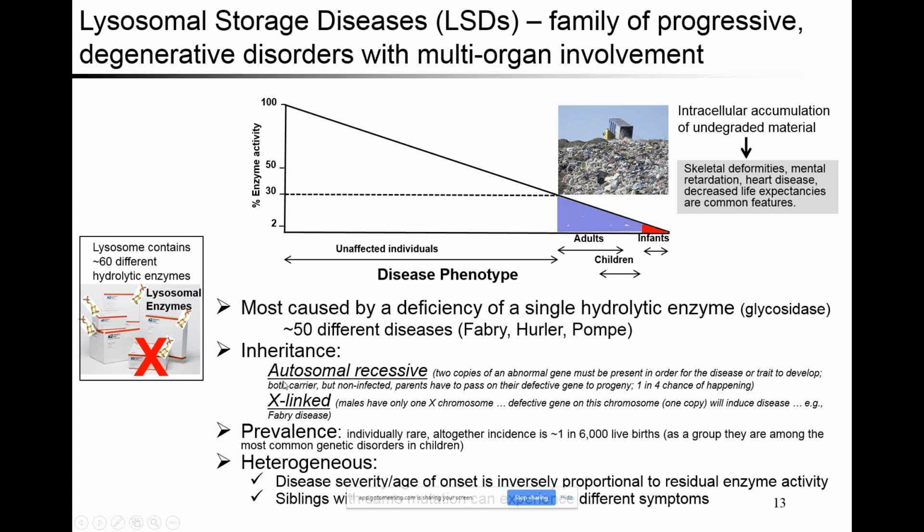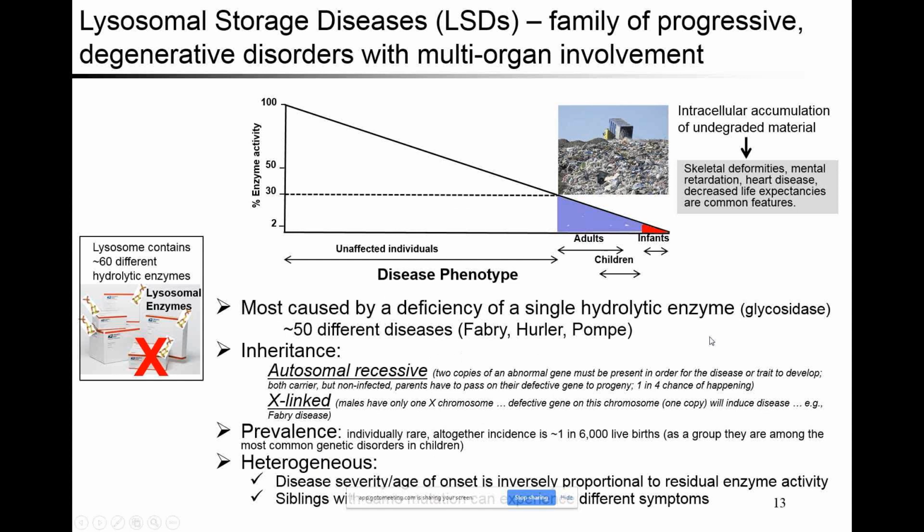These diseases are inherited most often by an autosomal recessive type of phenotype. That means both alleles have to have the mutation, and there are a few that are X-linked. So again, the mutation is just on the X chromosome, and males are much more severely affected. Again, there are many different types of lysosomal storage diseases.